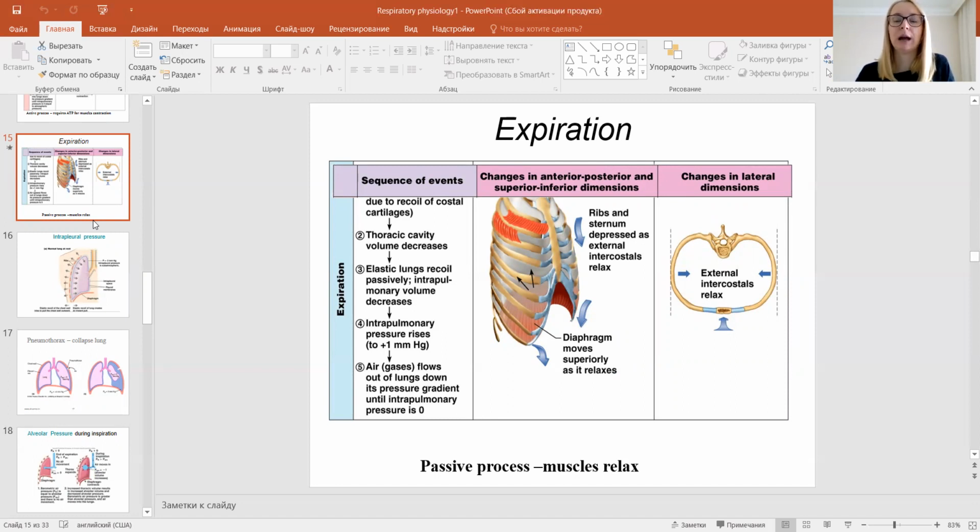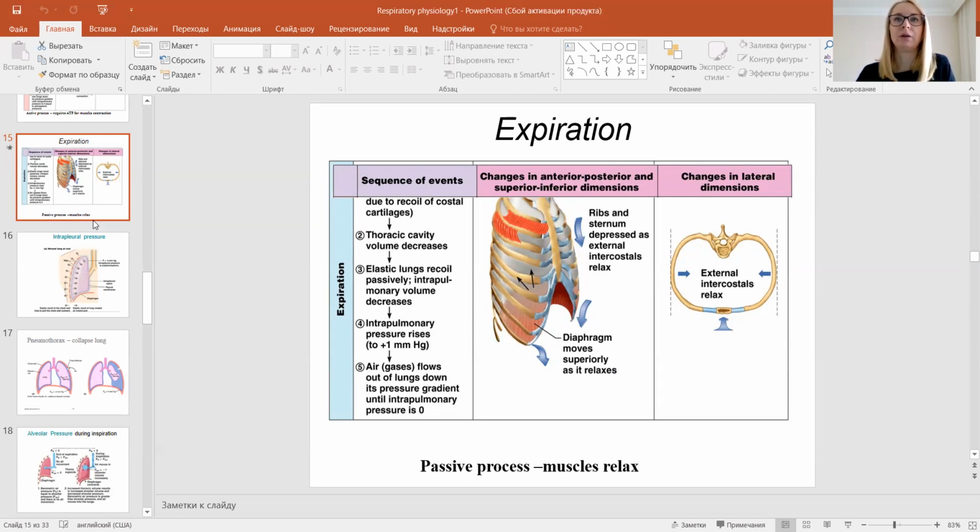Alveolar pressure becomes higher by 1 millimeter mercury than atmospheric pressure, and due to this pressure gradient, the air moves towards the upper respiratory tract.